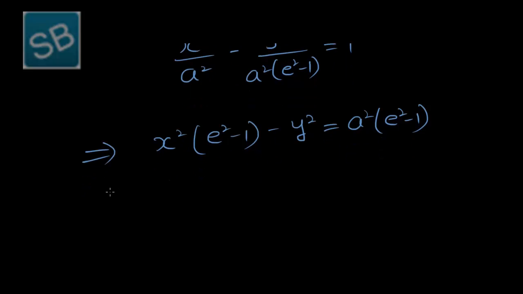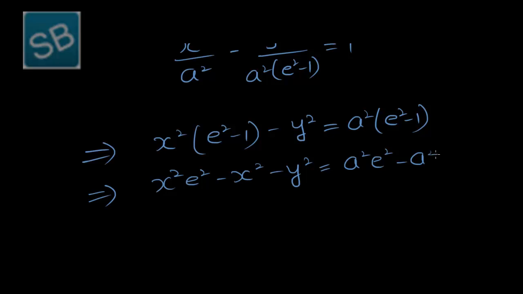So on solving this, we have x square e square minus x square minus y square is equal to a square e square minus a square.